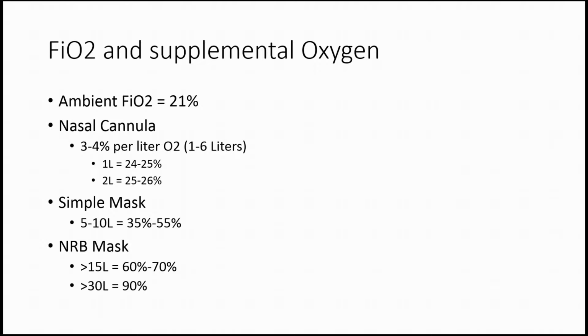And then a non-rebreather mask greater than 15 liters puts me about 60 to 70. And then maximum flow regulator, which for us is about 25, only gets me to around 90. That's the best we can do, okay? There's too much opportunity to mix ambient air in there because it's not a closed circuit.